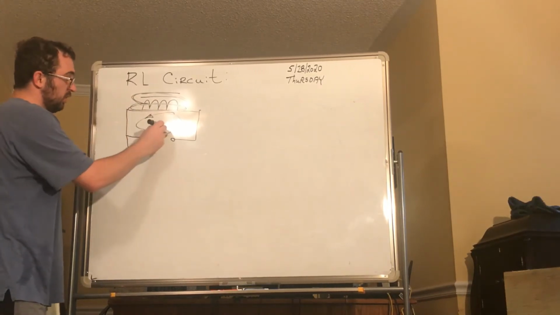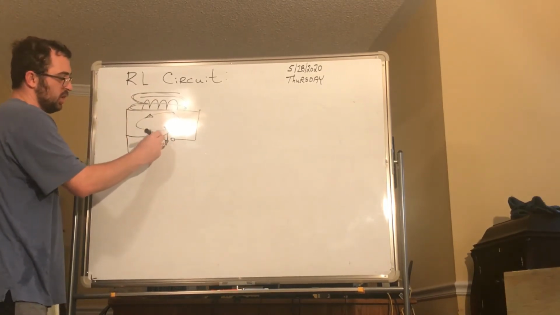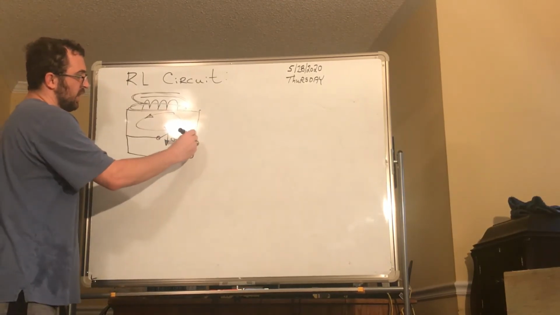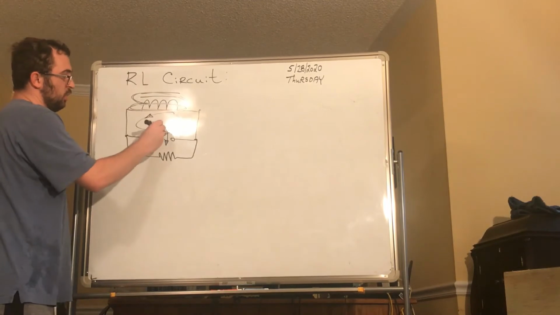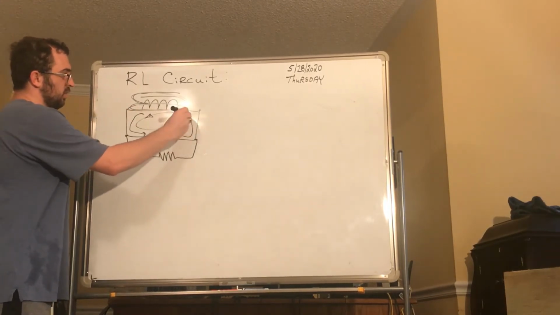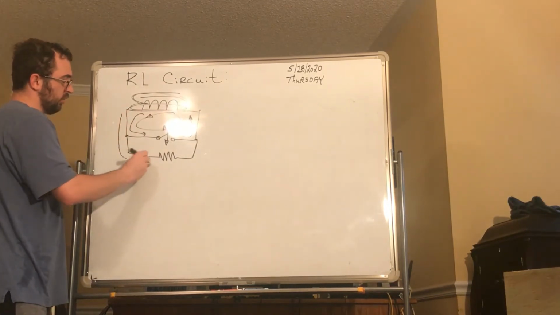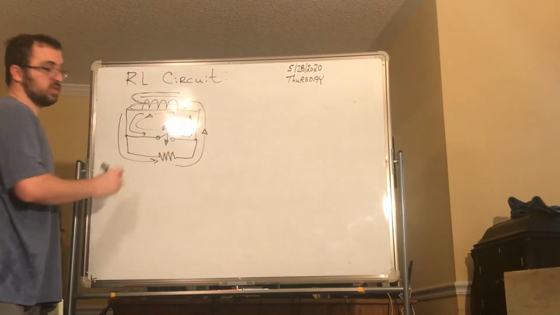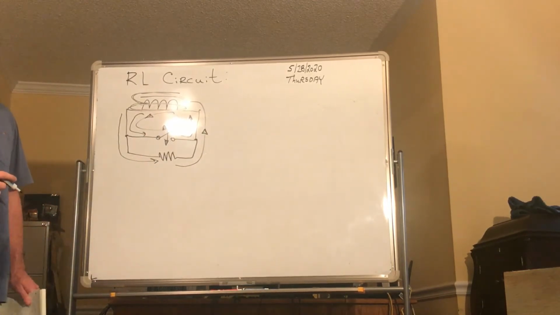Now, we're assuming that the switch is initially closed, as shown. The question is, what happens when we open it? The current, instead of going this path, is forced through the resistance here and around back on this path. The results may surprise you.